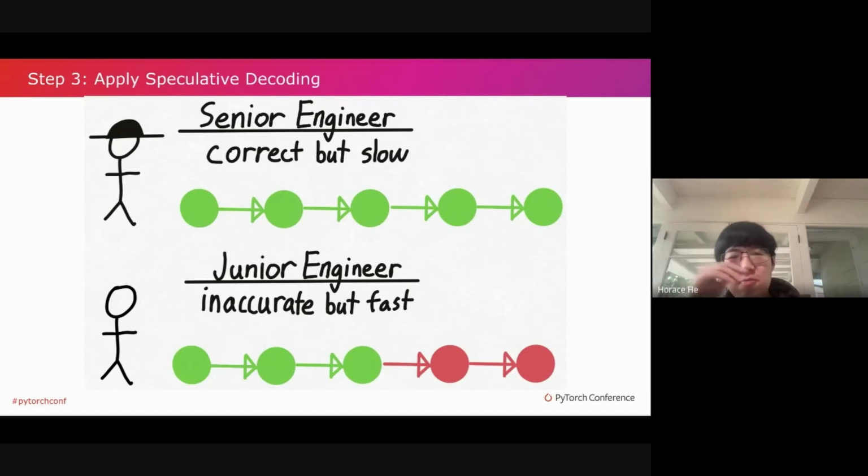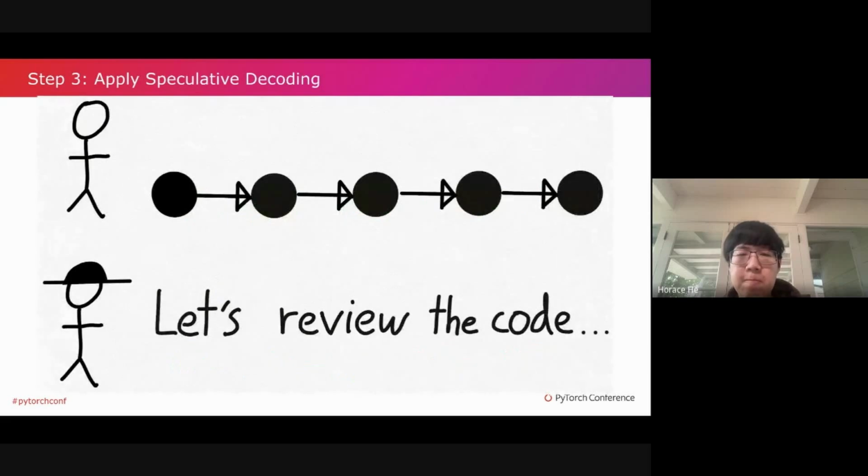The main idea, the way I think about this, is that imagine you have a senior engineer who's correct, but pretty slow at writing code. And then you have a junior engineer who's not very accurate at writing code. Sometimes he makes the wrong design decisions, but he's very fast. So how do you take advantage of the junior engineer while not generating incorrect code?